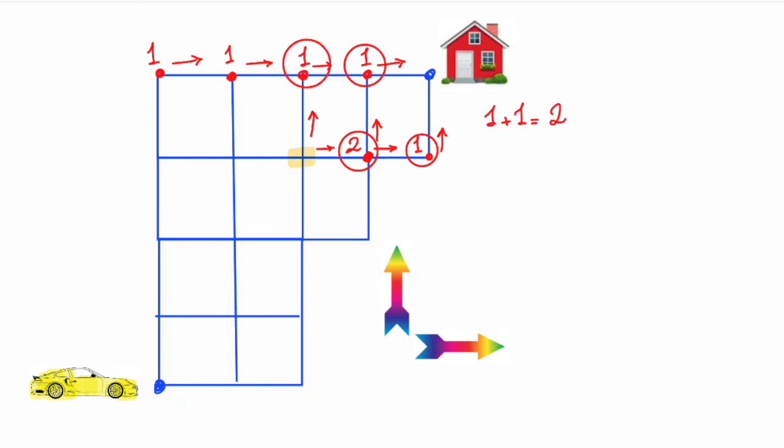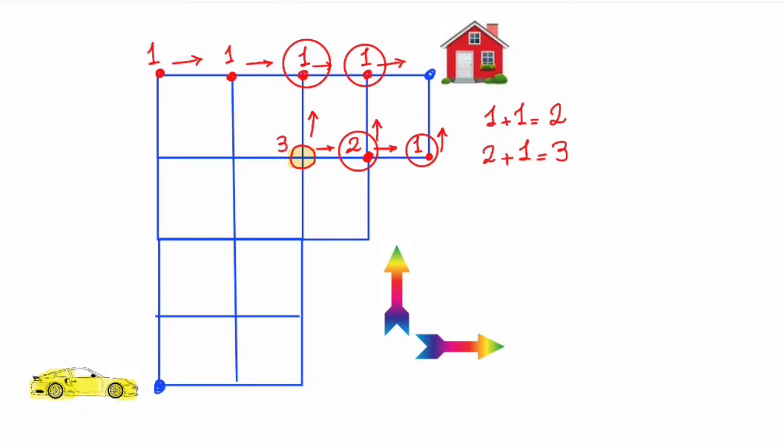And we know that from this point, there exists only one way to the red house. Therefore, for the yellow point, we have 2 plus 1 equals 3 different ways to reach the red house. So we write 3 beside it.